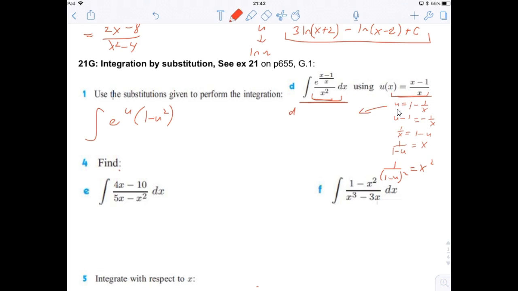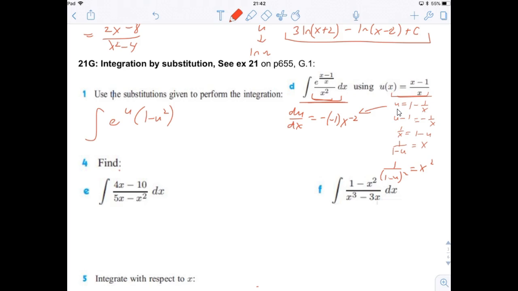So the left side would be du dx, and the right side would be the derivative of 1 with respect to x would be 0. Negative 1 over x is negative x to the negative 1. So we would get that for the derivative of negative 1 over x with respect to x.